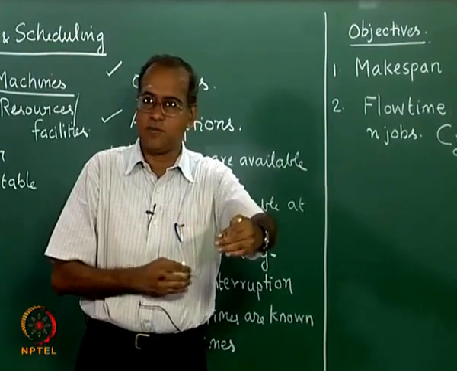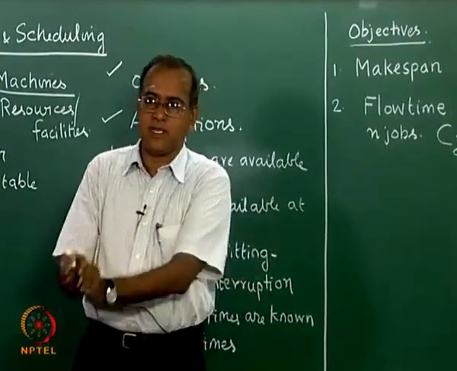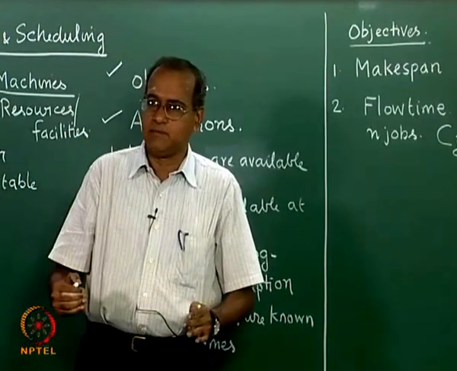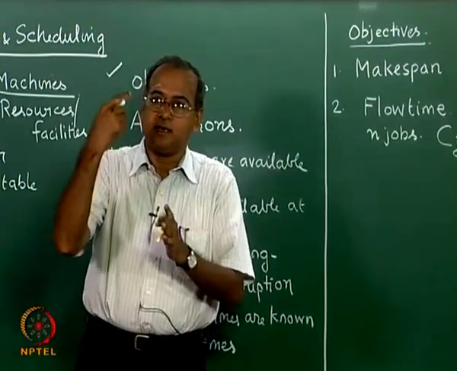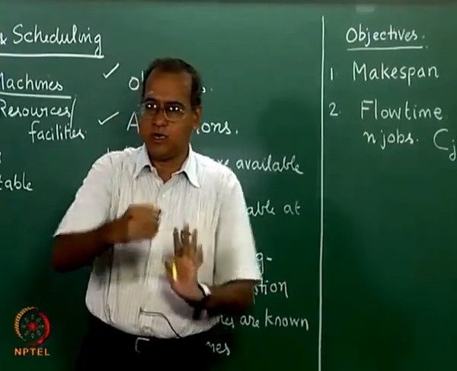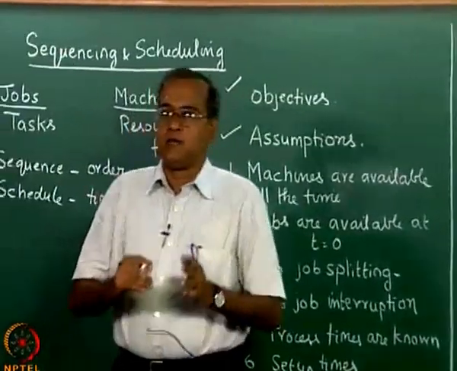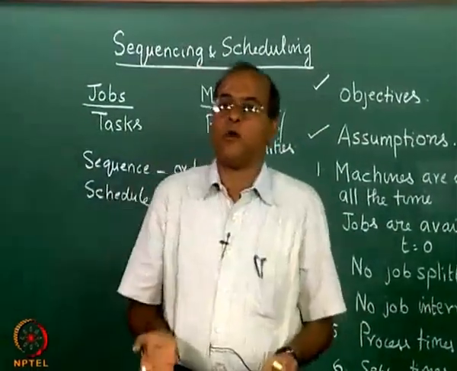If we have 10 jobs, each job has a completion time C1, C2 up to C10. It is not necessary that C2 has to be bigger than C1 and so on. At some time all of them are over.